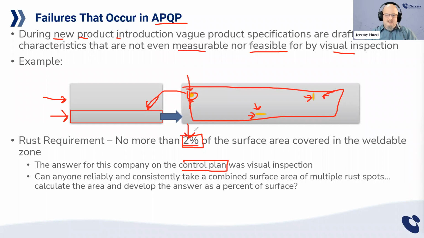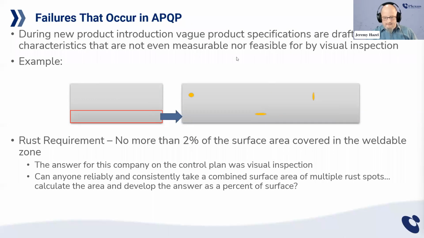But the answer is there is never going to be a way in which we can take all of these little dots, combine them into one solid surface area, and compare them to a percentage of the whole. It just doesn't work that way. And the reason why I bring this up is that this is a failure that we see a lot in APQP.